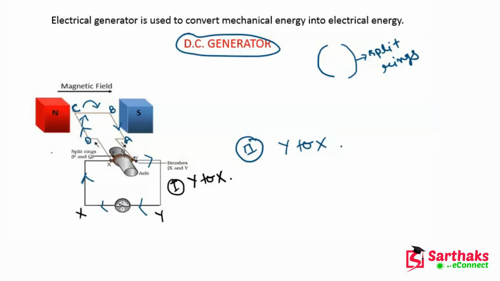We don't need to do lots of changes, we just have to make one change, and that is we have to use split rings instead of slip rings in the DC generator. Okay guys, I hope you understand this. So now let's move on to the next slide and let's talk about the other things.